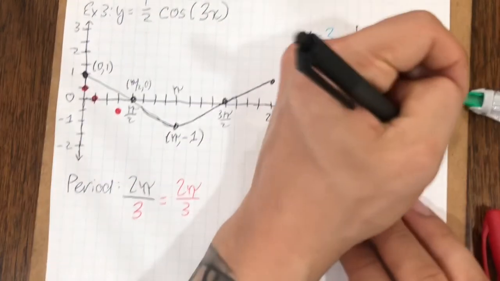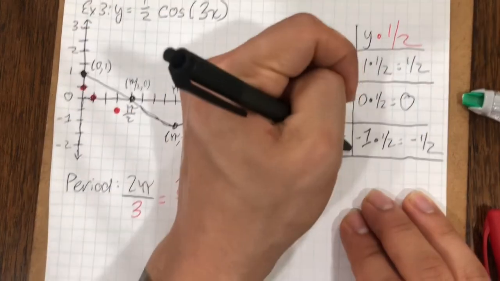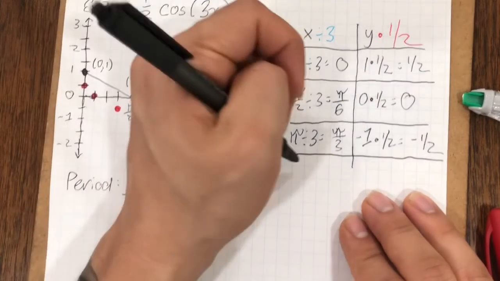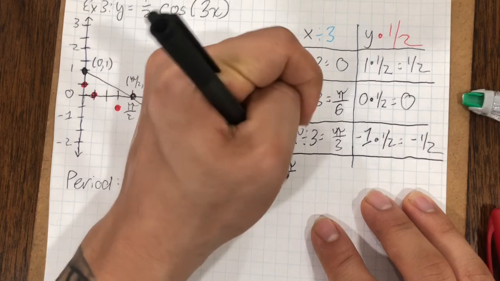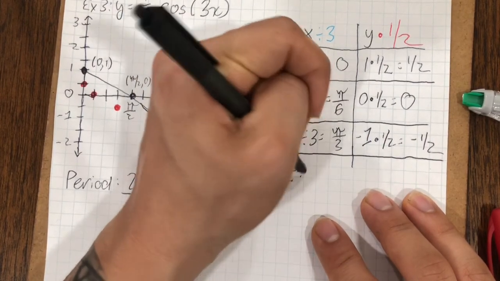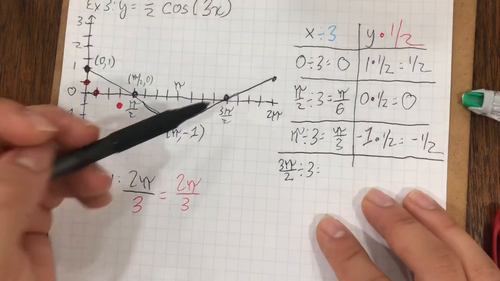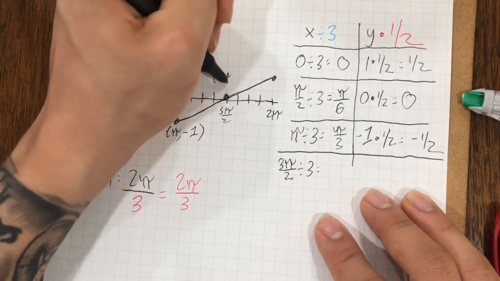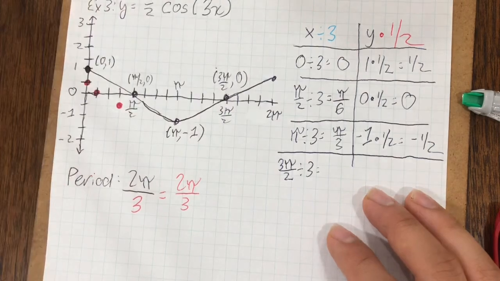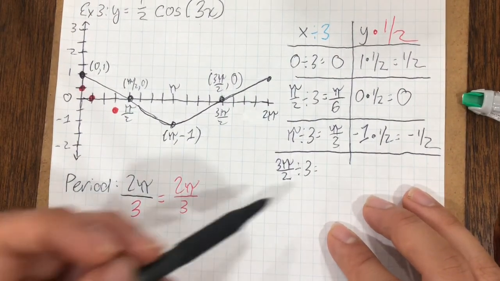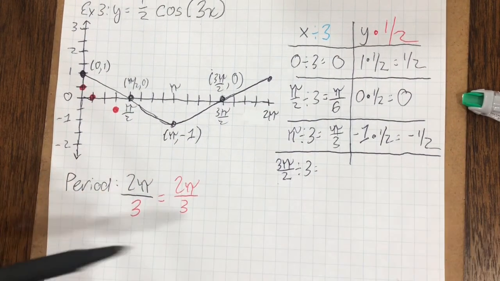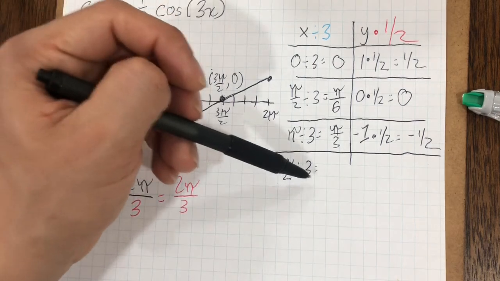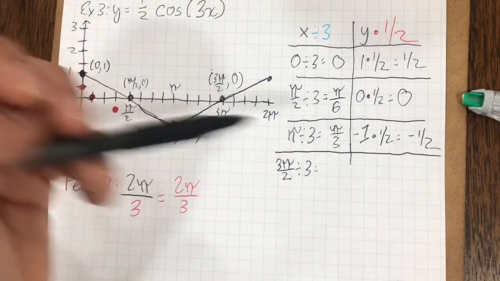All right. So now we're moving on to the fourth point, which was 3 pi over 2, 0. I'm going to divide that by 3. So yet again, we have a fraction divided by a whole number. So I'm going to do the keep, change, flip.